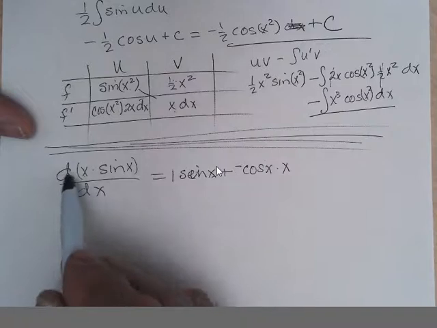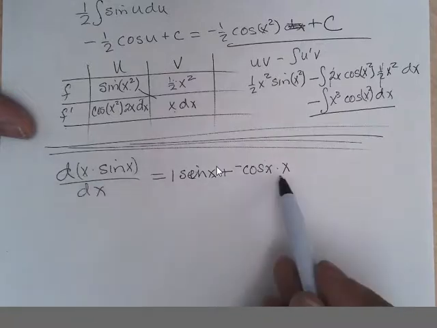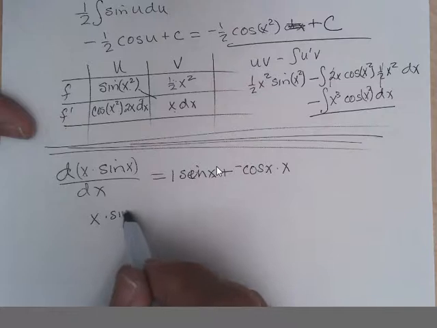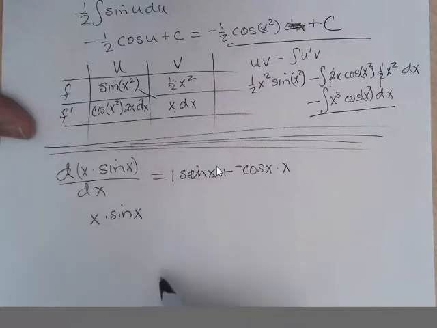So, if the derivative of this product is this, the antiderivative of this product would be just back to x sine x.